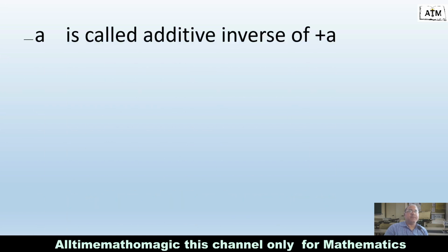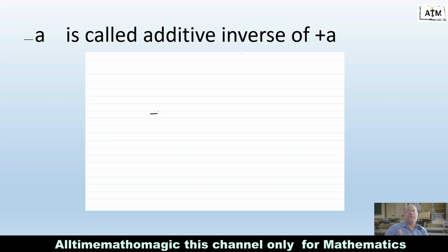Now, let us move to the next property of integers. Now consider an integer a. The integer a can be written as positive as well as negative. So, minus a and plus a. Now, minus a is called the additive inverse of plus a.